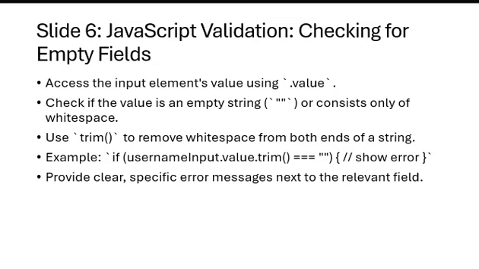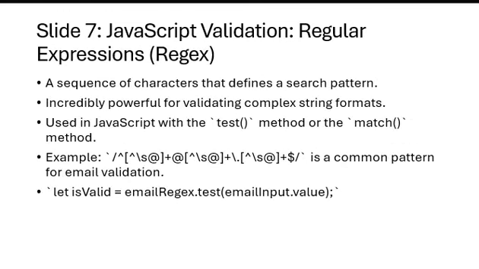So we want to look for any empty data. If the validation fails, you must show a clear, specific error message. This error message should be placed right next to the relevant form field. This simple check is a fundamental part of all client-side form validation logic.